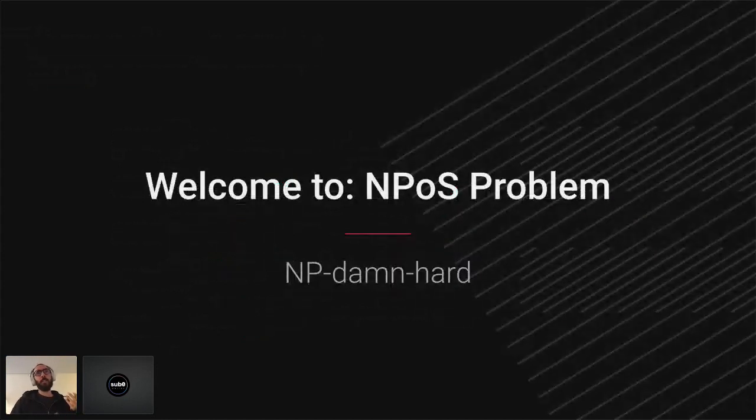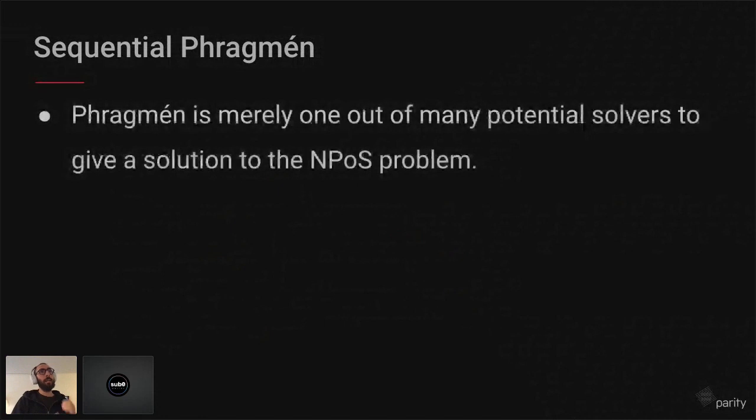And you might say, well, this is also okay, and this is probably how I would have solved this problem. And this brings us to what we call, and you can also find this term in the Web3 Foundation research website or other contexts as well, the NPOS problem, the problem of how we should elect the winners and how we should distribute the stake between them. And Phragmen, as you see, is merely one of the potentially many solvers that can solve this problem.